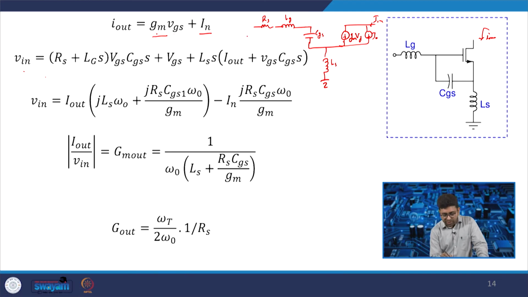So if we want to see the V in, we will get Rs plus Lg into S.